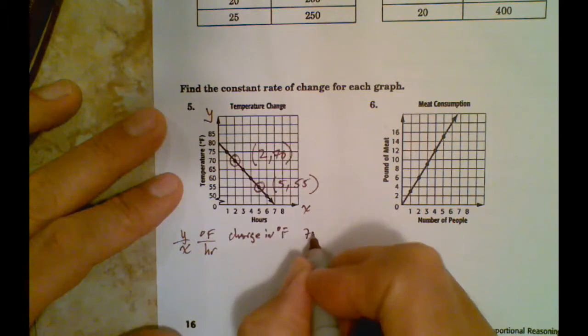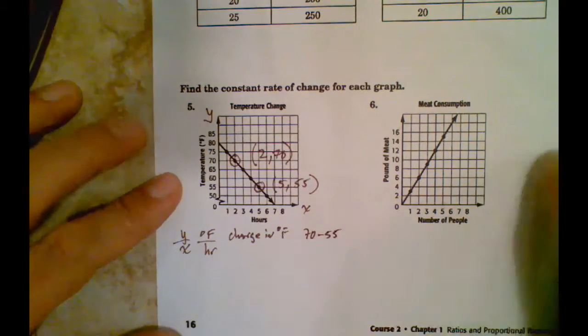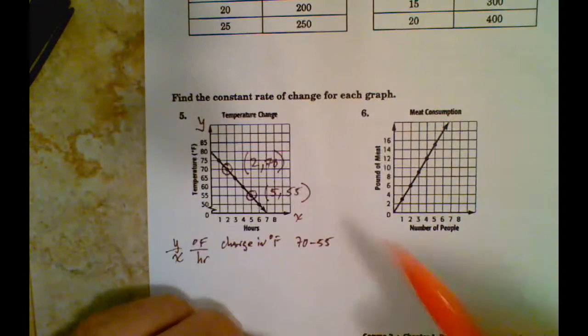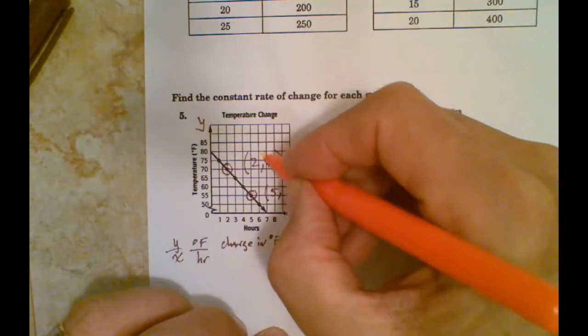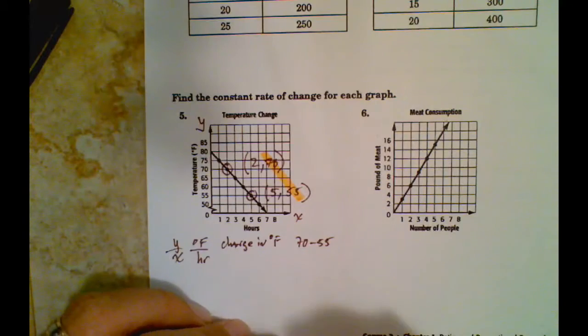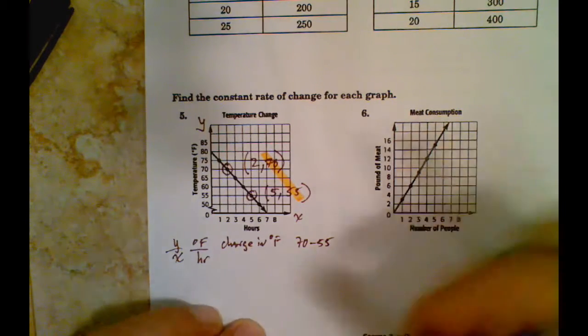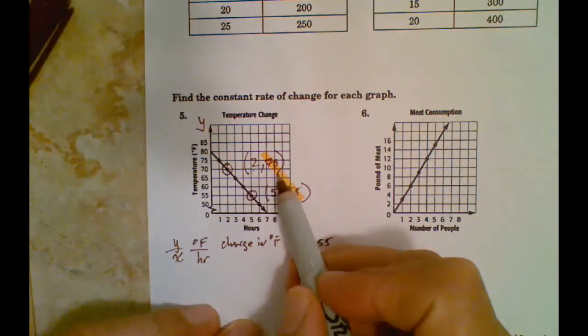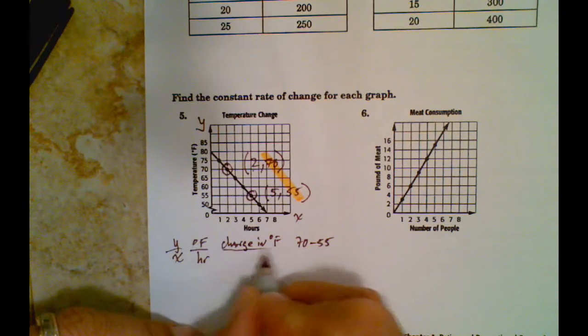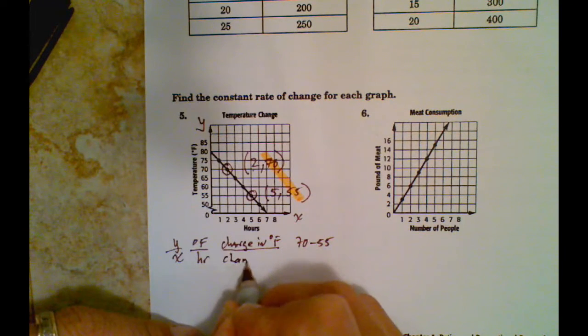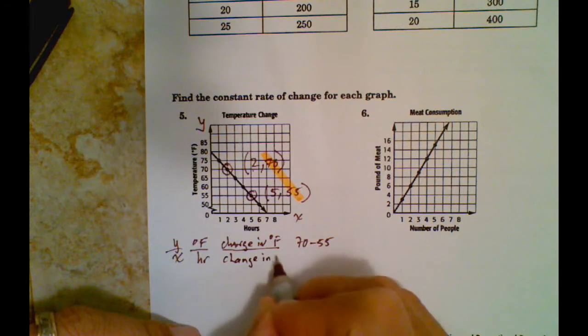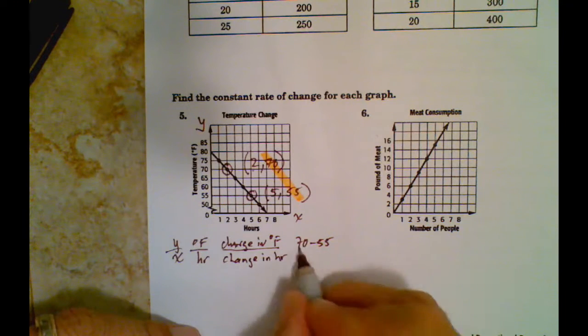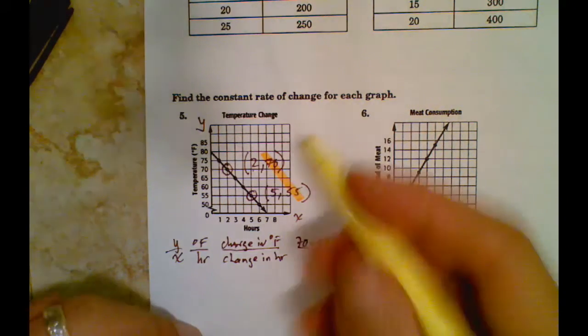So 70 minus 55. Now I'm going to put some color here just so I can sort of keep track of what I'm doing. Notice it's both my y values. Remember, every ordered pair, it's always x, y. And now what I need is my change in hours. And that I get from here.